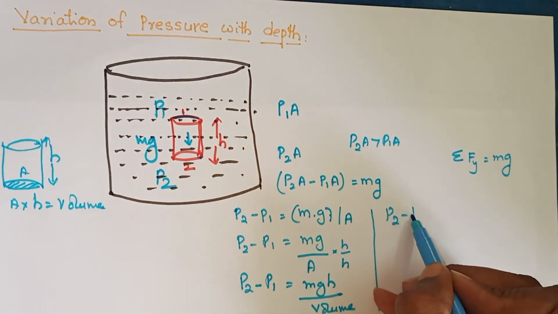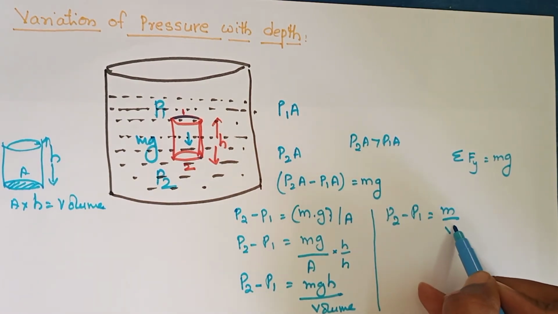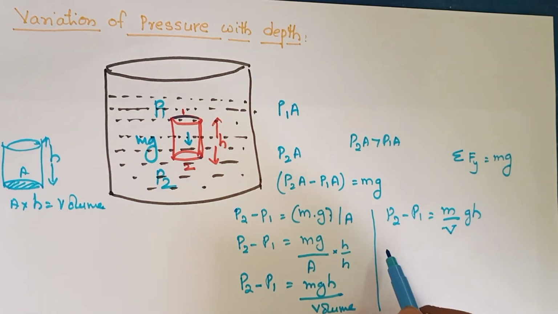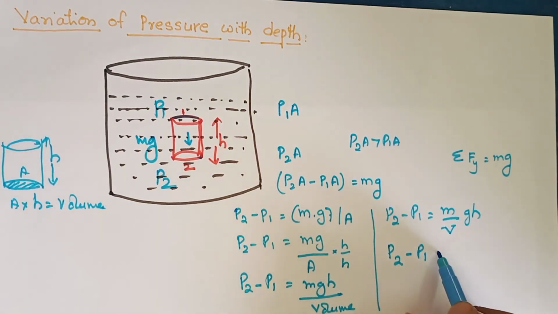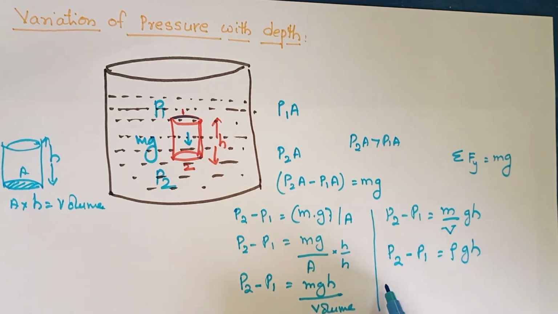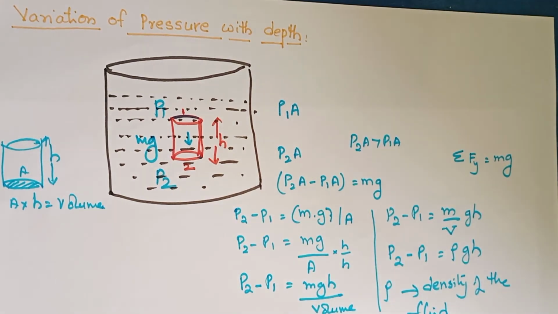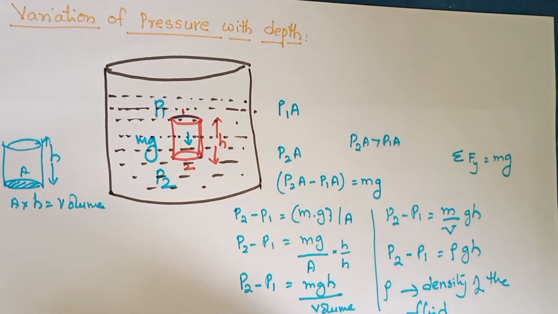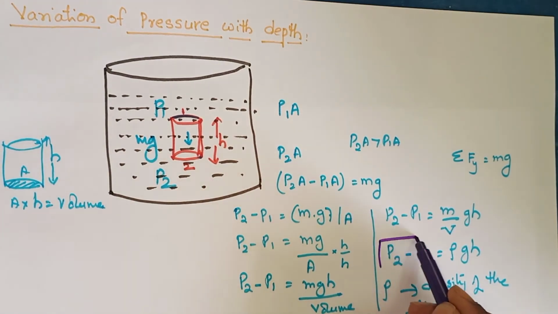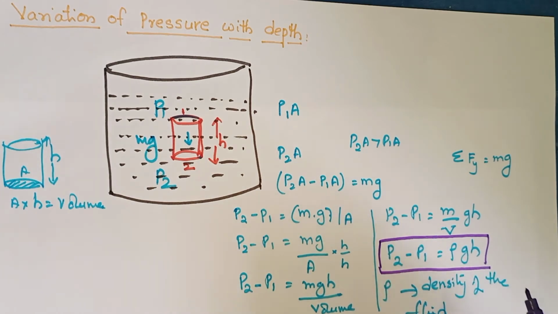P2 minus P1 is equal to mass by volume into gh. P2 minus P1 is equal to rho gh, where rho is the density of the fluid. So this is a simple relation for pressure difference: P2 minus P1 is rho gh.